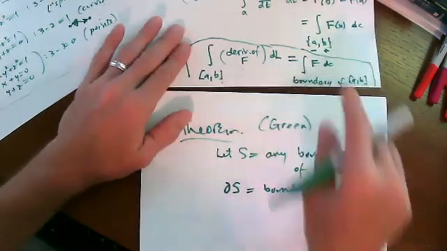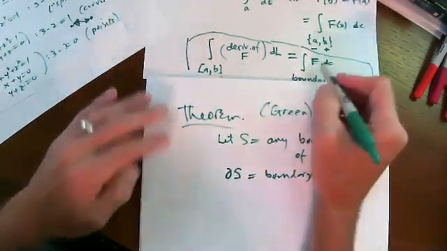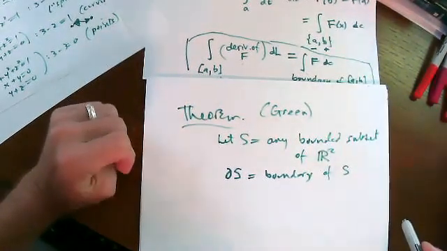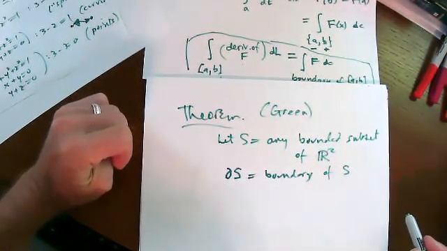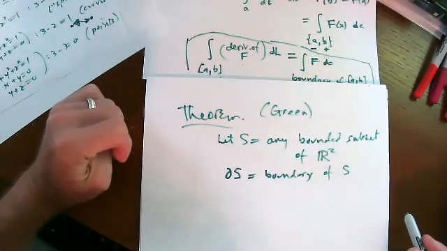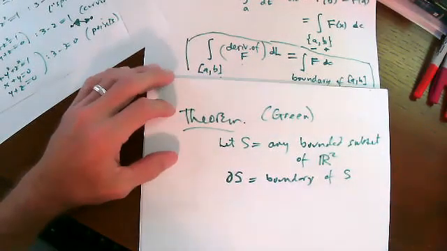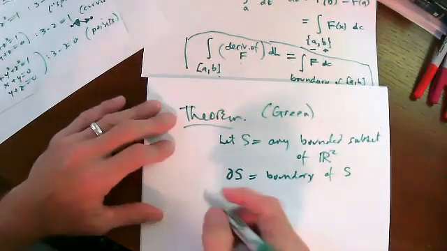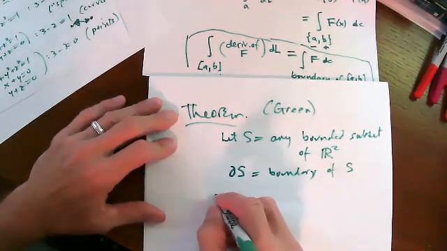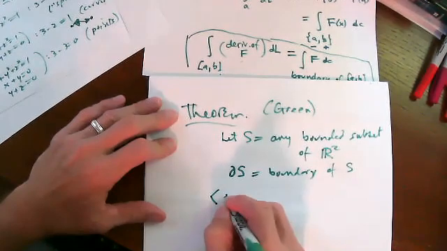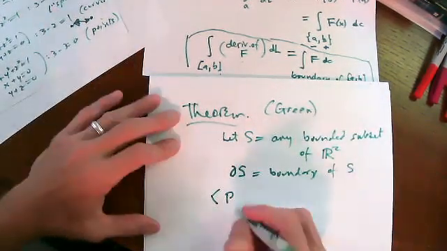Now, how about my integrand? The one-dimensional integrals that we're going to have on the right-hand side of Green's theorem will be line integrals. Those are the ones that come from a vector field. So suppose that I have a vector field that's got two components, a vector field in the plane.